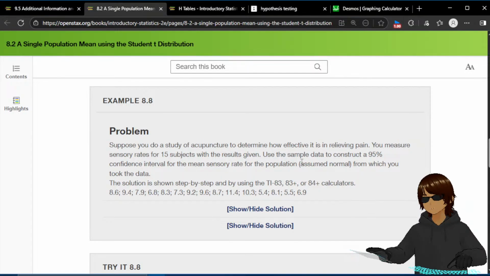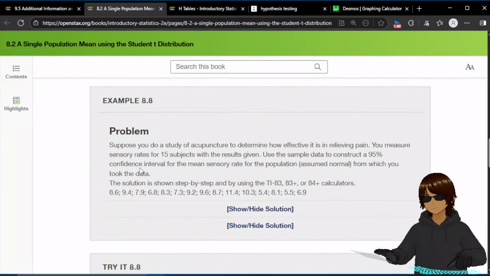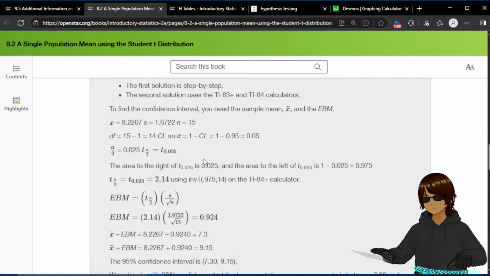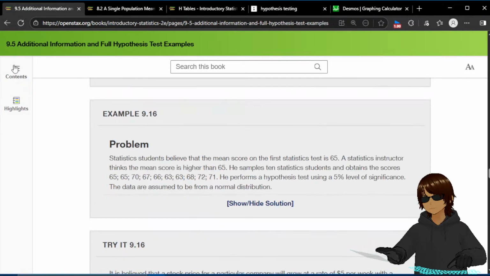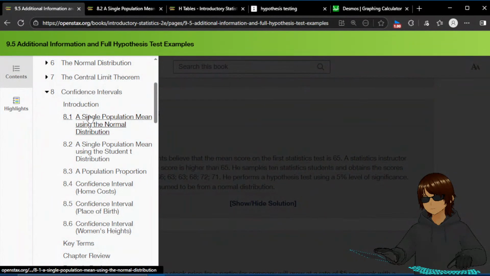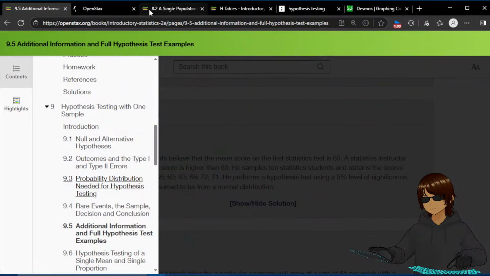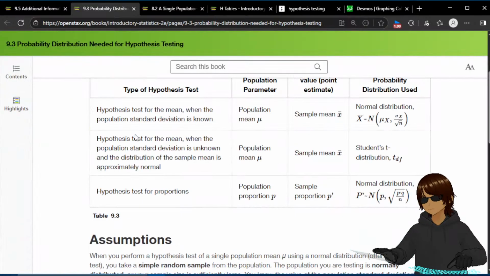Okay, let me see an example. The distribution of the sample mean is approximately normal.